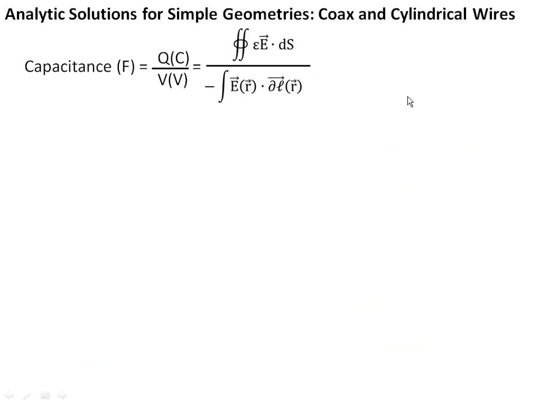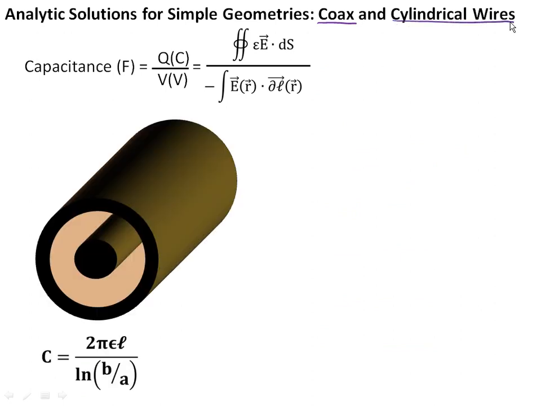There are a couple other simple geometries we can get analytic solutions for as well, which include coaxial cylinders such as a BNC cable, and also pairs of cylindrical wires, the example we did earlier. For coaxial cylinders, we're going to assume the inner cylinder has a radius of A, the outer cylinder has a radius of B. We've got some kind of material epsilon inside that cylinder, and then the overall capacitance is given by the equation below the cylinder, and we basically calculate that as a function of length.